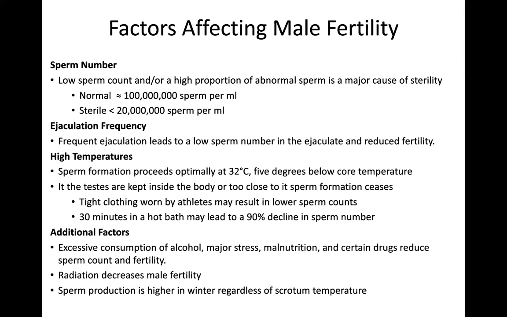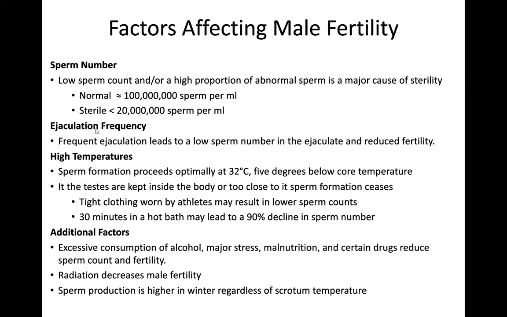Now, does that mean that they have no chance of making a baby? Obviously not. They're still producing 20 million sperm per milliliter, but it's a much lower number than normal and a much lower likelihood that they would be able to fertilize a female. Now, a thing that can affect their sperm number is how often a day the man ejaculates, okay?